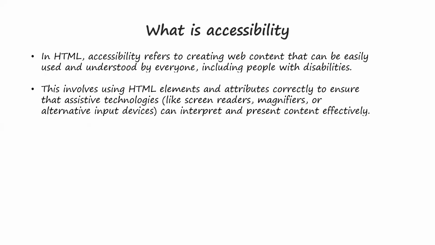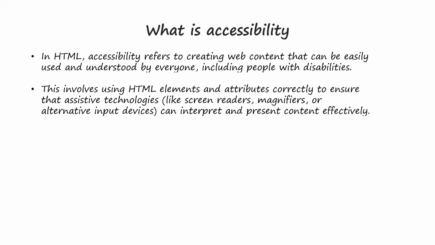So this involves using HTML elements and attributes correctly. The whole thing is for you to use HTML elements and attributes correctly to ensure that assistive technologies like screen readers, magnifiers, or alternative input devices can interpret and present your content effectively.